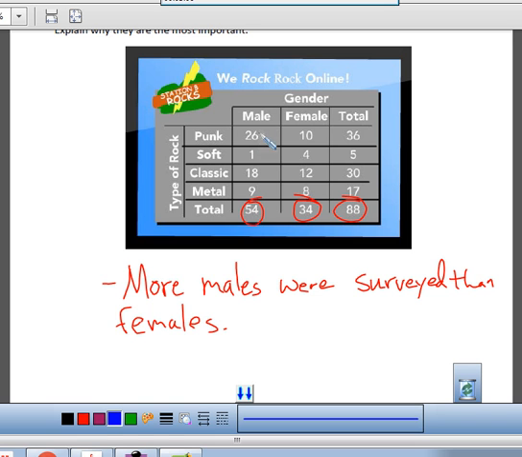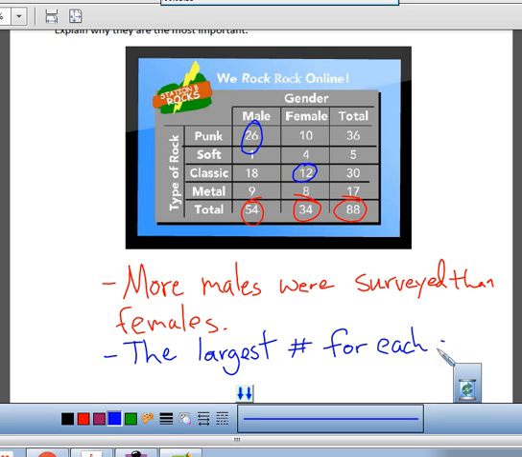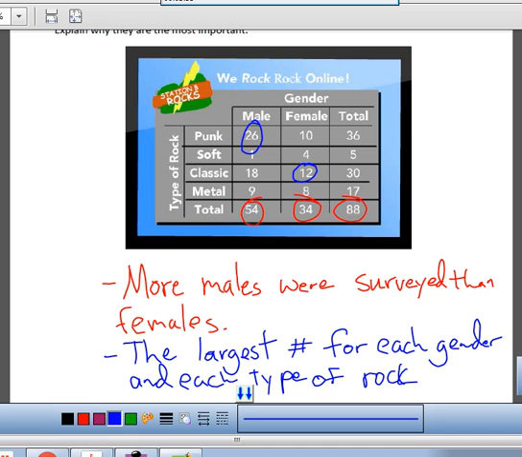Another important possibility is the largest number of each type of rock, for each gender, and each type of rock. Okay, so write all that down.